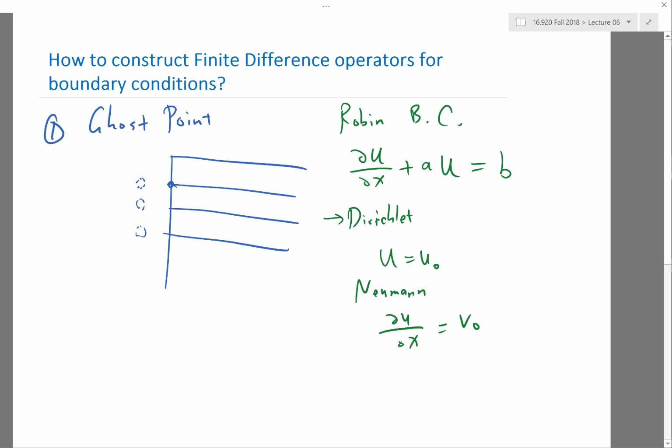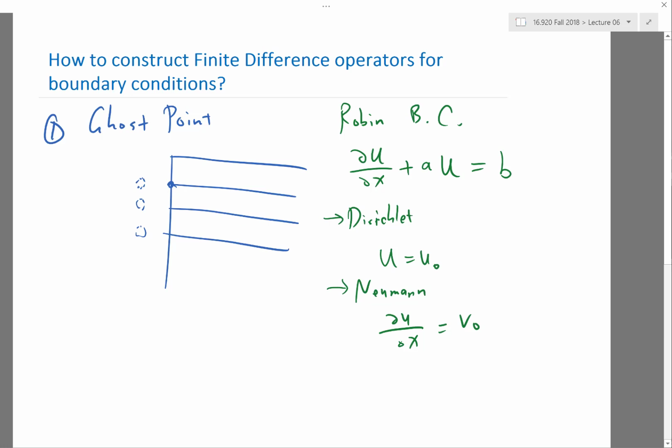How about Neumann boundary condition? If you have a heat conduction problem, what does it mean by fixing the temperature gradient? Heat flux, yes, right. So basically, from the simple law of heat conduction, the temperature gradient is proportional to the rate of heat going in that direction, right?